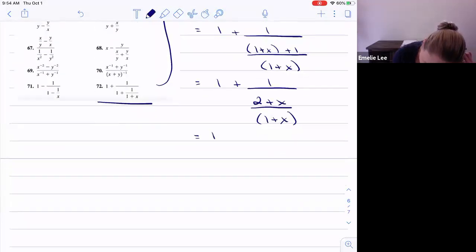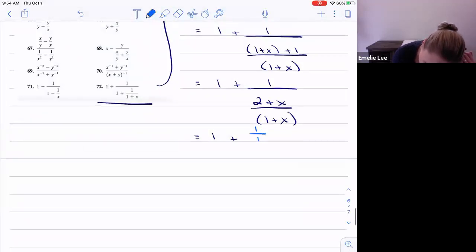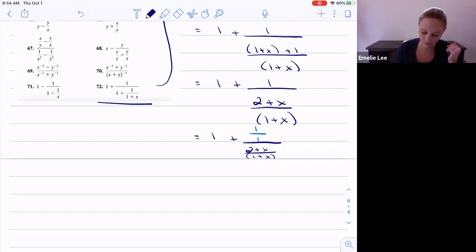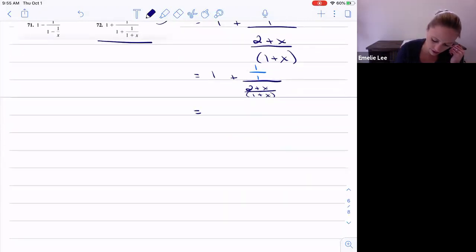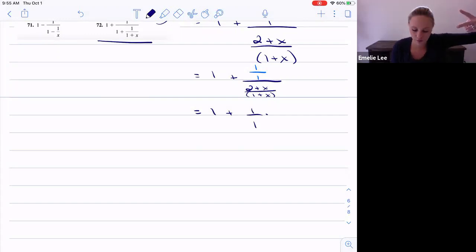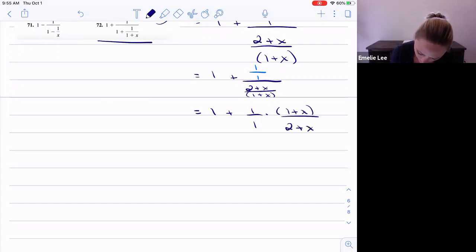So this becomes 1 plus 1 over 1 over 2 plus x, and I'm dealing with a page break here, over 1 plus x. Now I've got a fraction over a fraction here, so I've got 1 plus 1 over 1 times, and I flip and multiply, 1 plus x over 2 plus x.